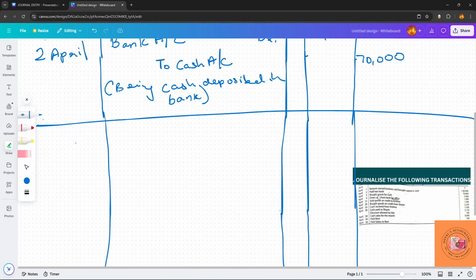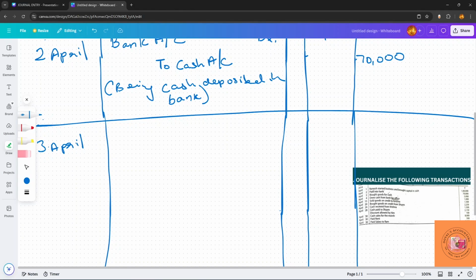What is the next transaction? On 3rd April, Ramesh has bought goods for cash rupees worth 5,000. So what are the accounts involved? First we will write down the date, 3rd April. Bought goods for cash rupees 5,000. So what are the accounts involved here? Purchase account and cash account. Purchase account is a nominal account. And what is the rule for nominal accounts? Debit all expenses, credit all gains. Purchase in nature is an expense, right?